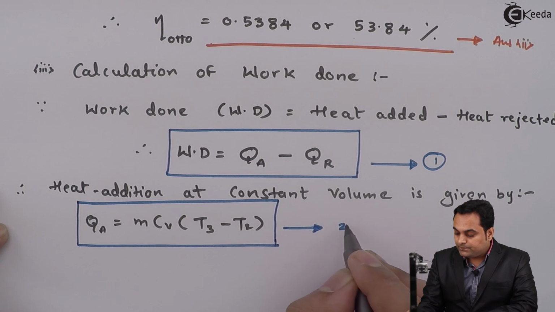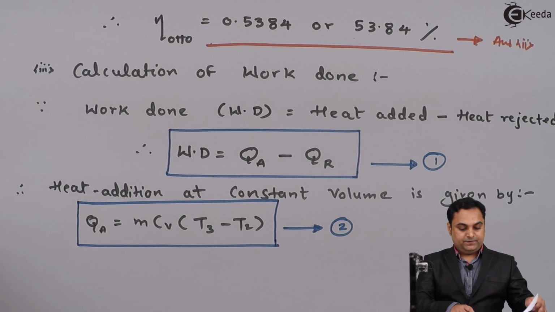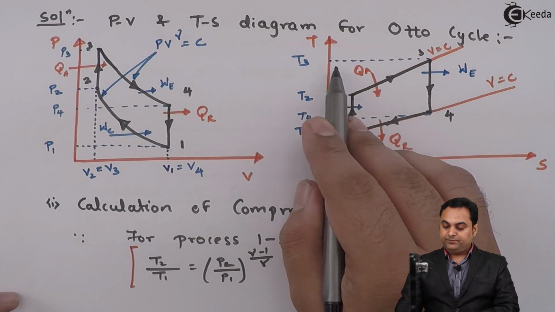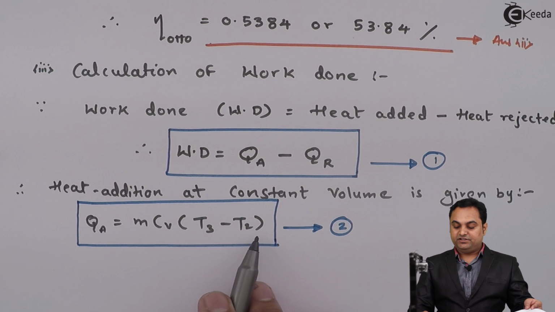Keeping this as the second equation, because as we see here, the heat is added at constant volume and the temperature difference is T3 minus T2, so it is mCV (T3 minus T2).